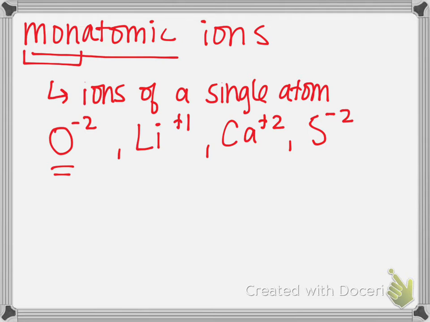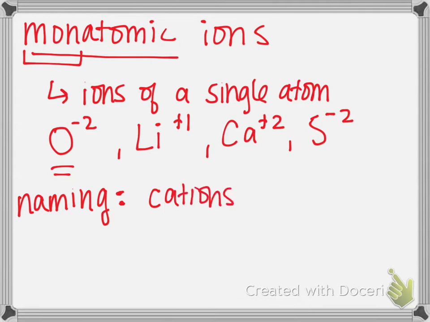Okay, and so when we name monatomic ions, we have some rules, but these rules really are laid out on your periodic table of ions. The rules for naming monatomic ions are very simple. If it's a cation, they keep their name.